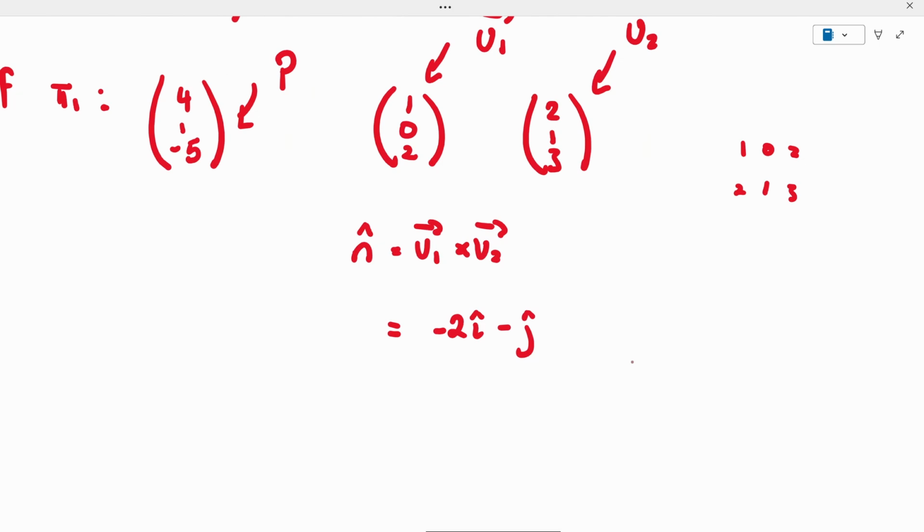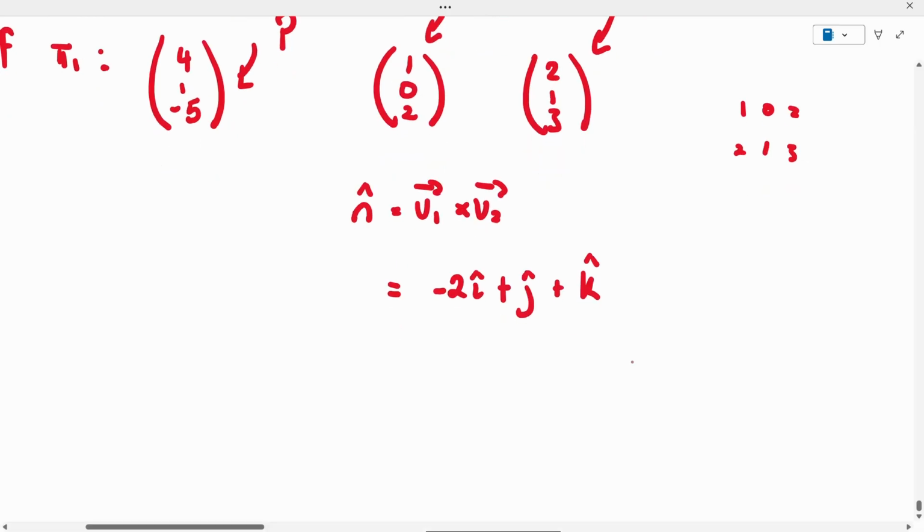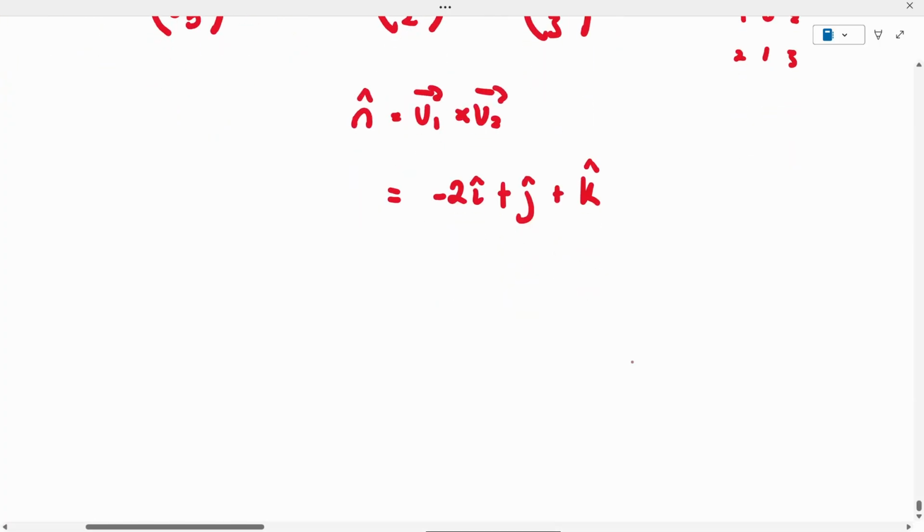And then, no, yeah, it's plus j. When you're working this out, you can, of course, take your time, draw the matrix and stuff, right? But this should be what you get when you find n.